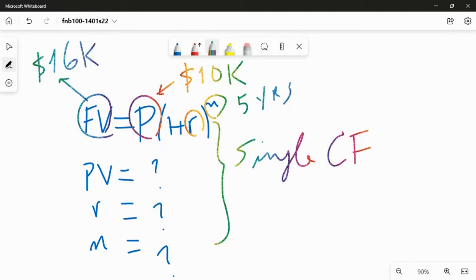But this is not the only pattern of cash flow. For example, if you borrow money. Suppose you borrowed $1 million at 10% interest rate for 10 years. Then the reality is, is it going to work exactly like this?